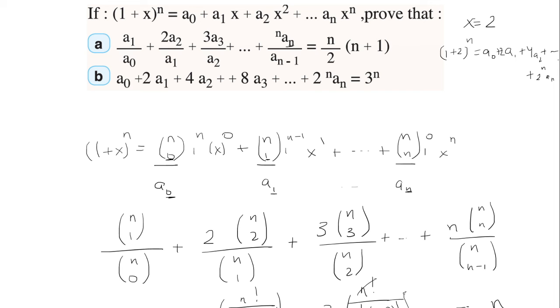Okay. So 1 plus 2 to the n is just 3 to the n. So we have this. And that's proven. Okay, so now we've proven part B as well.